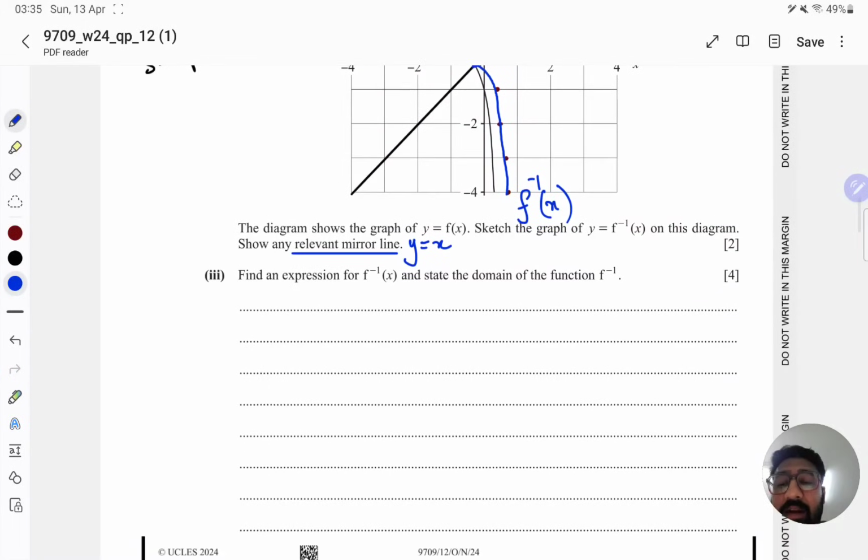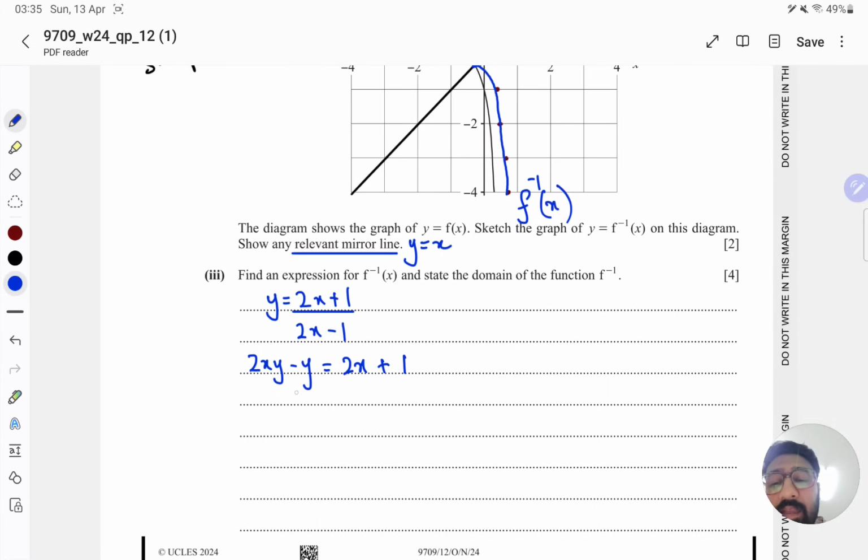For the third part, it says find an expression for f inverse of x. There are 4 steps involved that we need to do to find the inverse. The first step is y equals 2x plus 1 divided by 2x minus 1. The next step is to make x the subject. For that, 2xy minus y is equal to 2x plus 1.